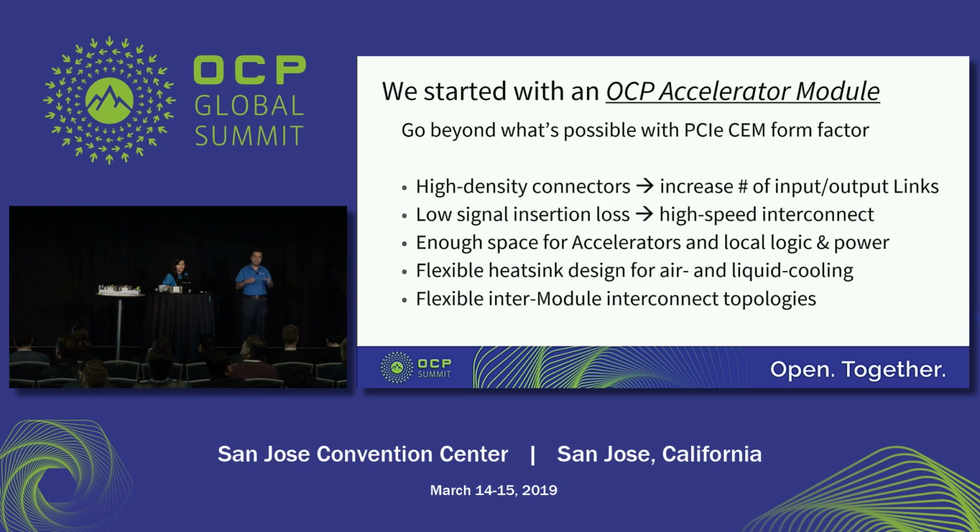We wanted to have enough space for all the cooling and voltage and power distribution to the module. We wanted to have a flexible heatsink for either air-cooled or liquid-cooled systems. And of course, we wanted to have a very good module-to-module interconnect for different topologies, for different neural networks.